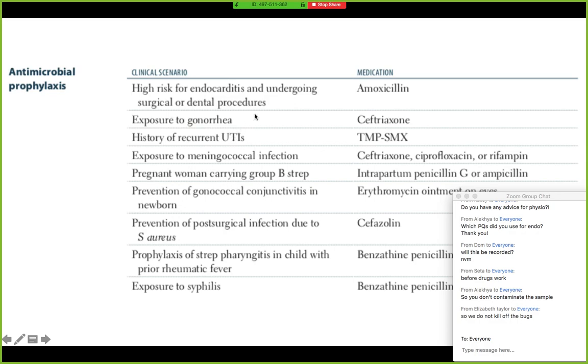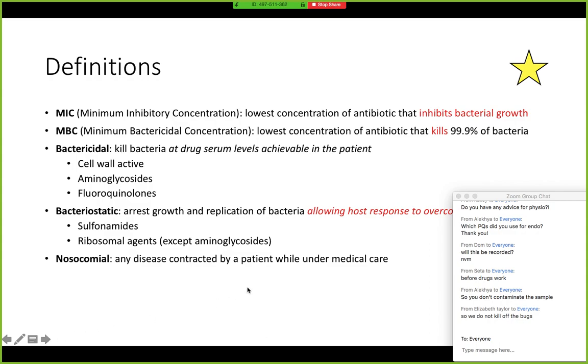So that's a common one. And then also, a lot of patients will receive amoxicillin before dental procedures if they're at risk for endocarditis. So you can look over those. Okay.